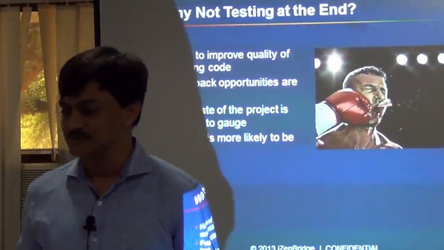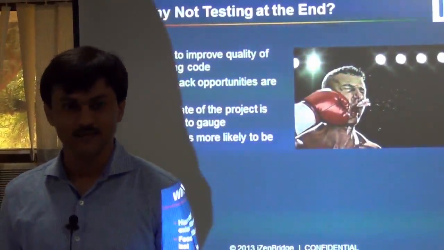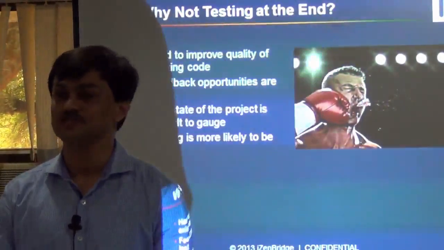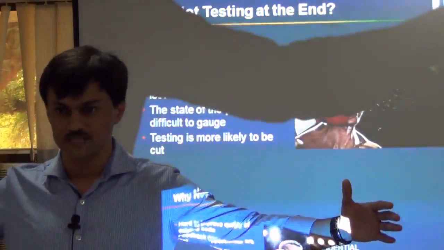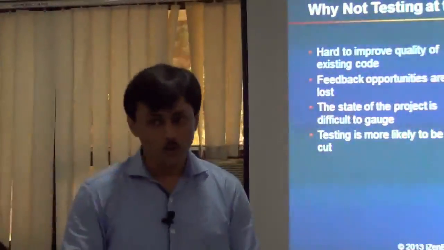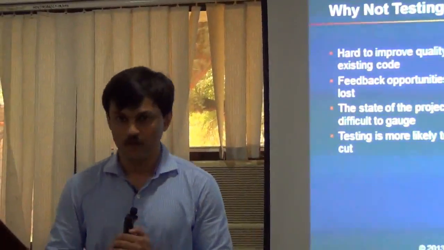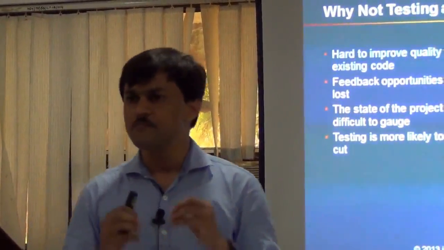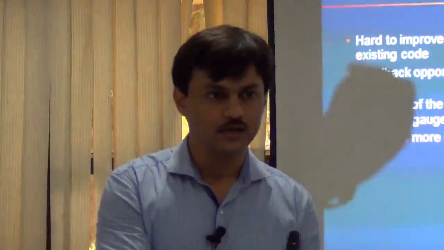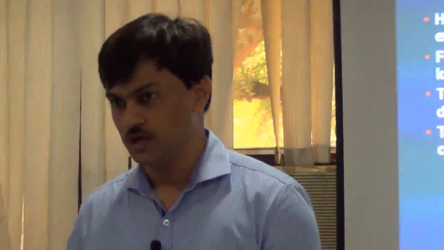So more or less things remain the same. The batch size is just smaller rather than a full 6 or 7 month batch cycle. This approach has a problem, because if you find problems in the last week, it's difficult to improve your code. The feedback which could have been used well if we received it at an early stage cannot be taken care of when we get it at the last stage.